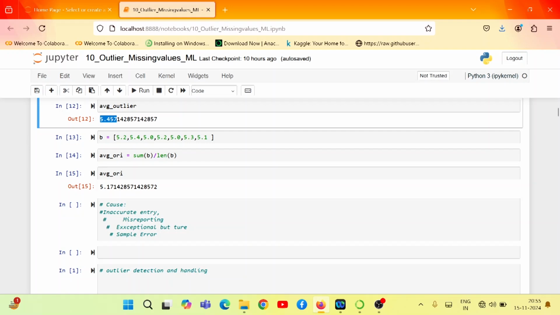It may also happen due to misreporting. When the data is collected, some people may provide wrong data intentionally. For example, boys may exaggerate their salary on matrimonial sites. So sometimes outliers come due to this misreporting. Other reasons may be sampling error.